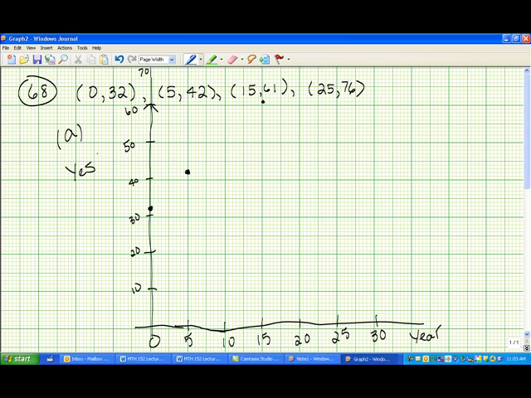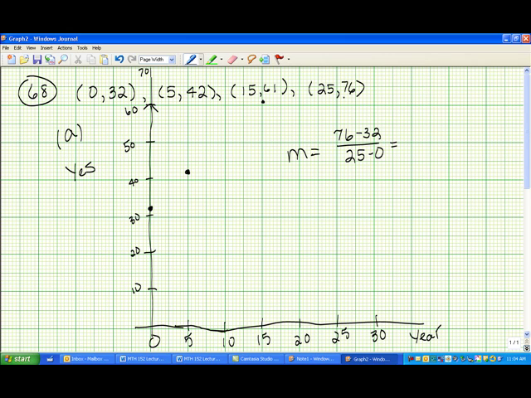Okay. It says use the ordered pairs 0, 32 and 25, 76 to find the equation of a line that approximates the other ordered pairs. Use the form y equals mx plus b. Okay, so if we think about our slope, it's going to be 76 minus 32 over 25 minus 0.